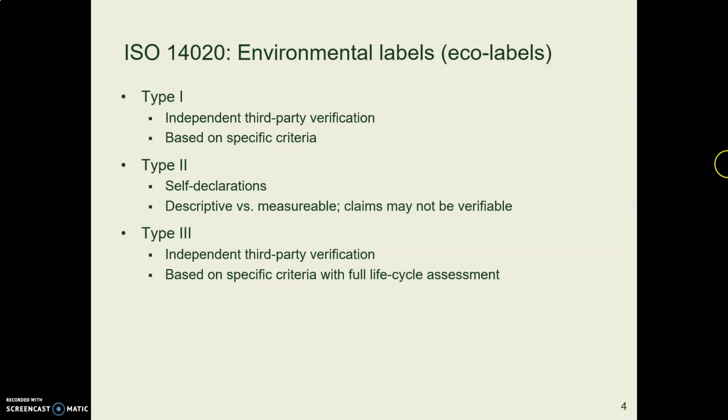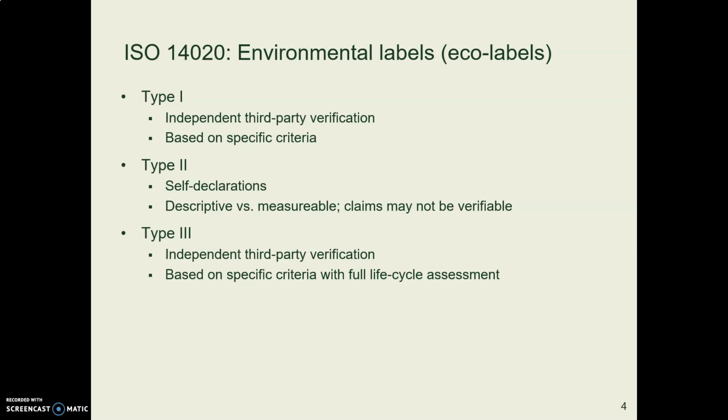The other two kinds of labels involve what's called third-party verification. Both Type 1 and Type 3 do that. And third-party verification means there's a separate agency, separate organization, not related to your business at all.